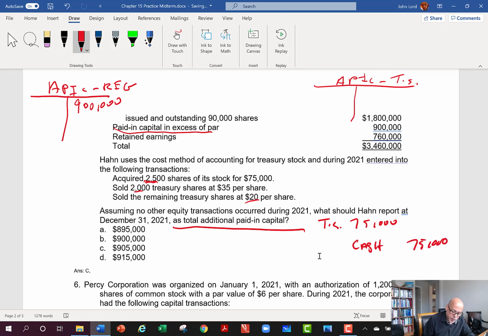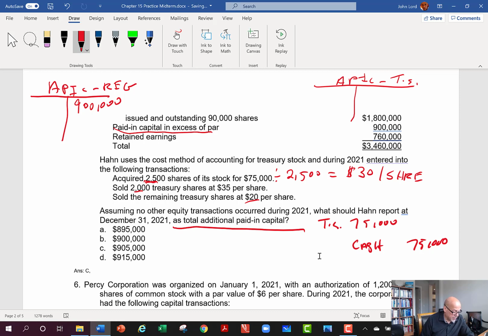Okay. Now, more importantly with this question, I'm going to figure out what was the price per share when they reacquired. So I'm going to have to take 75,000, divide that by 2,500 shares, right? And that gives me a price of $30 per share as the original acquisition price, right? And then as I reissue those shares, I'm going to have to remember that price because that's got to come out of my treasury stock account, right?